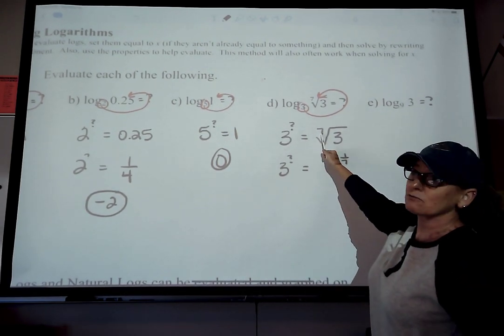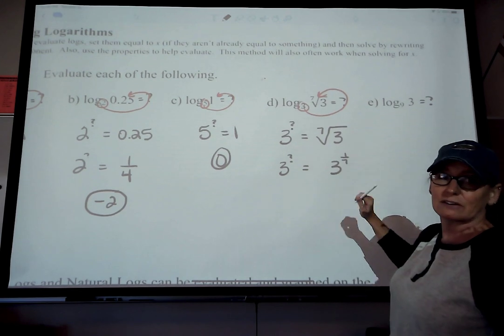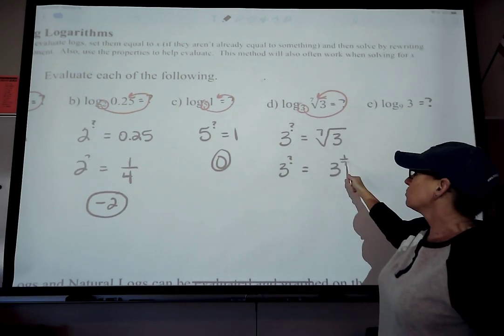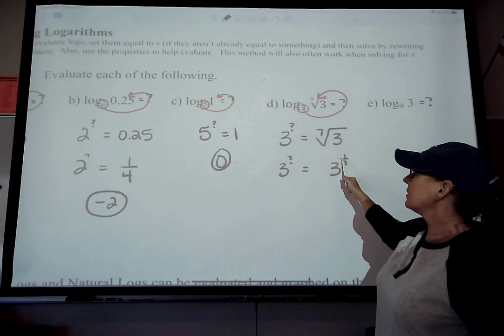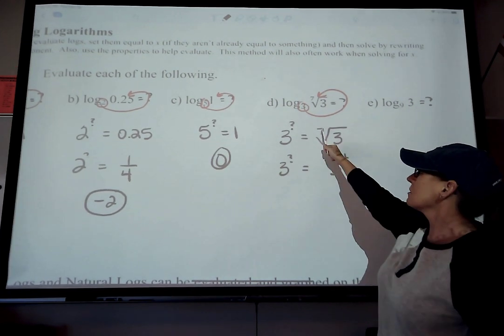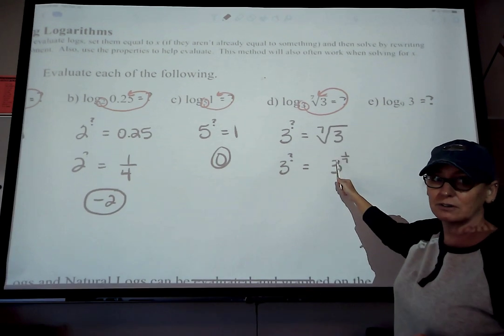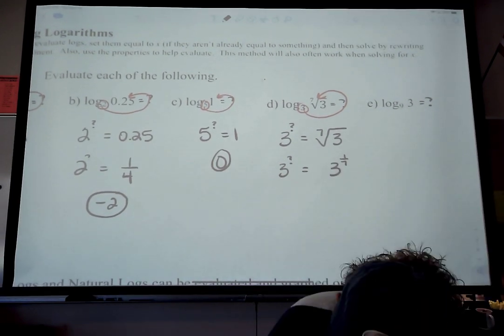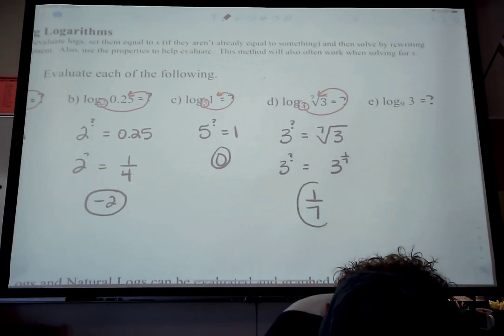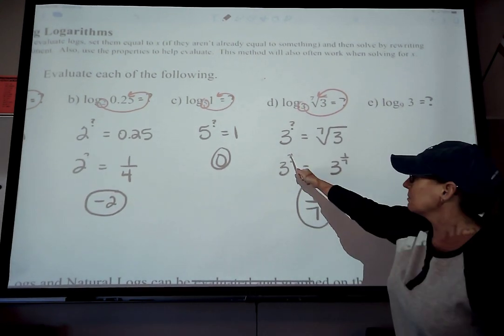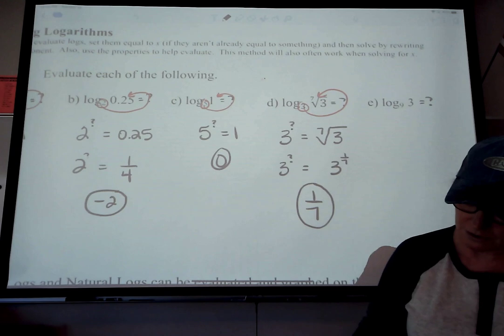A 7th root is an exponent of 1/7. A 6th root is 1/6 exponent. A 5th root, 1/5. Square root, 1/2 is your exponent. So that's 1/7. Question mark would have to be 1/7.